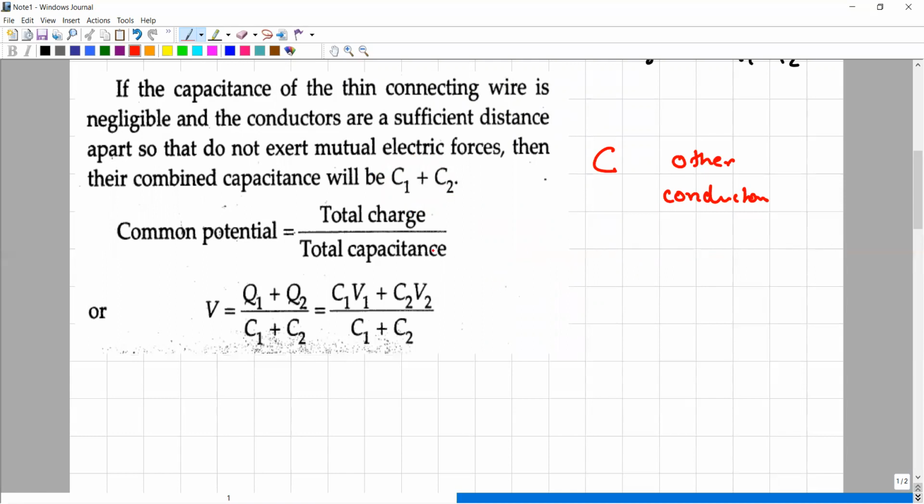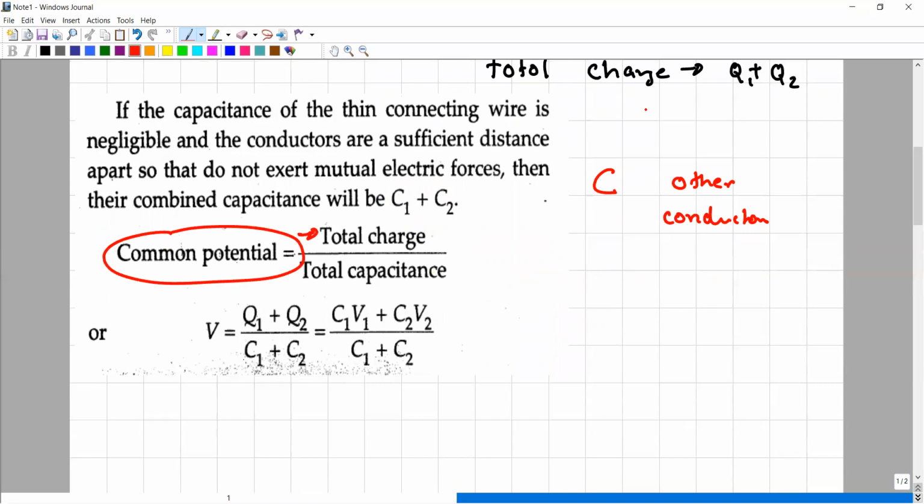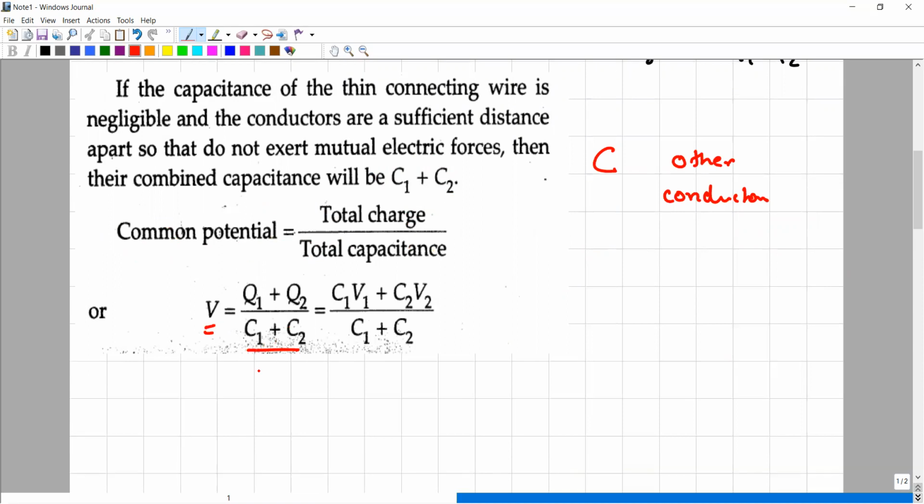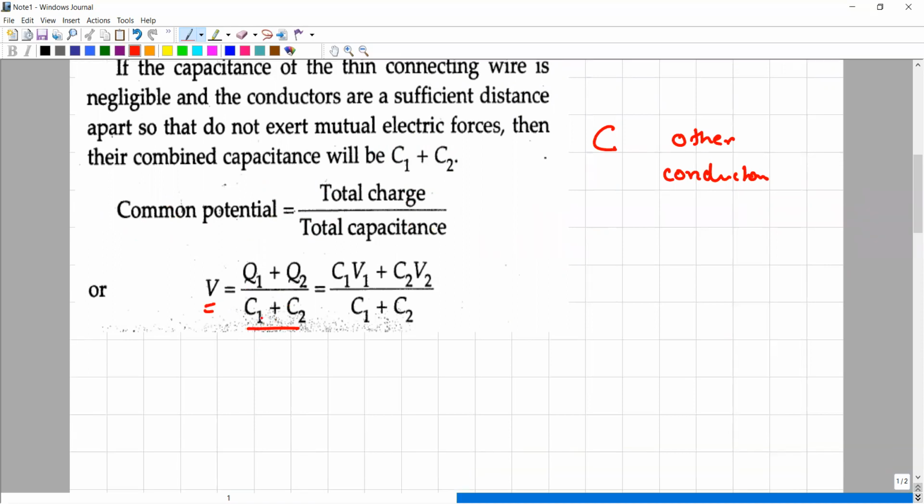So now the common potential of both of these will be equal to the total charge, which we have understood, that is Q1 plus Q2, as no charge is getting lost or no other charge from external sources is coming to the system, divided by the total capacitance, C1 plus C2. So your common potential will become Q1 plus Q2 divided by C1 plus C2.